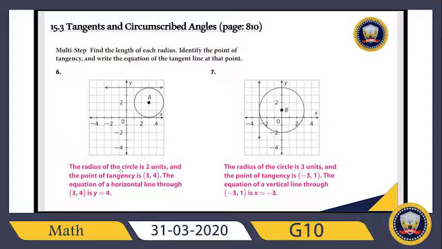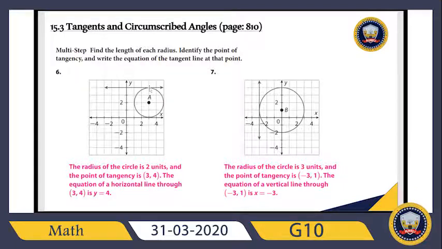So the radius of the circle is 2 units in this example. So 1, 2, that's the radius of my circle. Also, you can look it up from here. On all sides it is 2 units. And the point of tangency is (3, 4). X is 3 and Y is 4. This is the point of tangency exactly here.